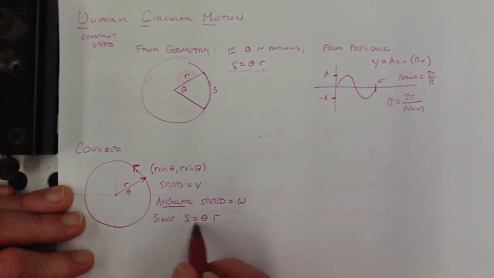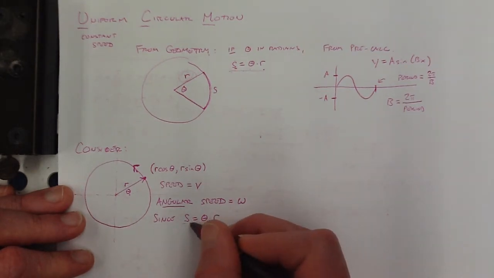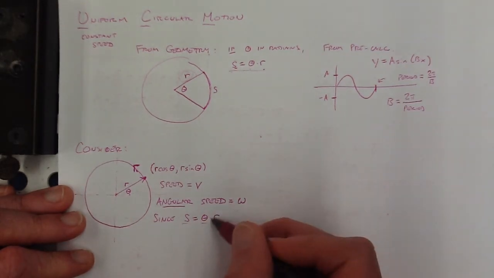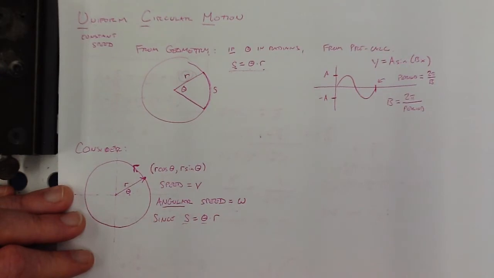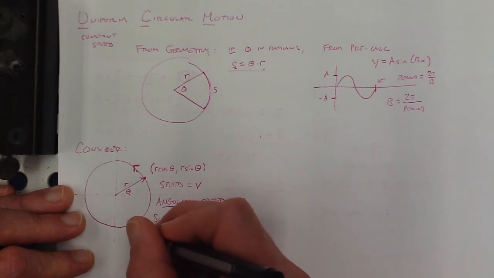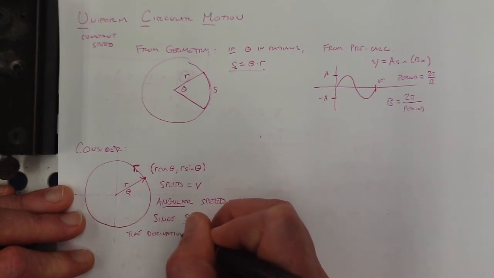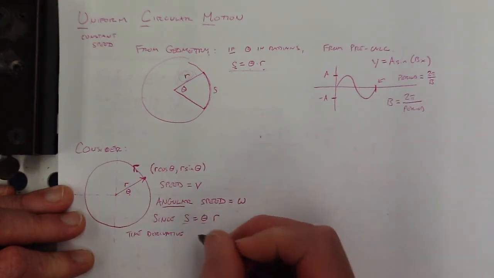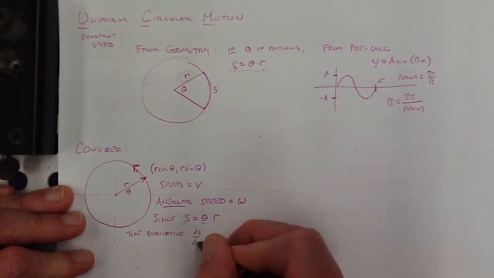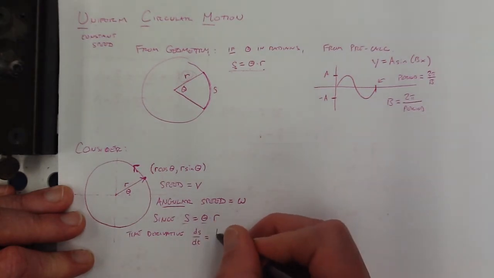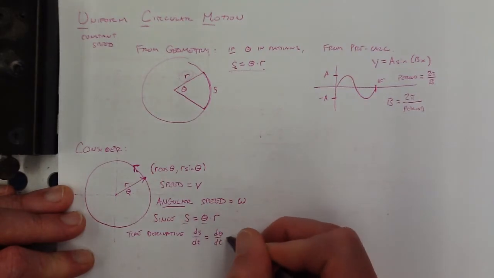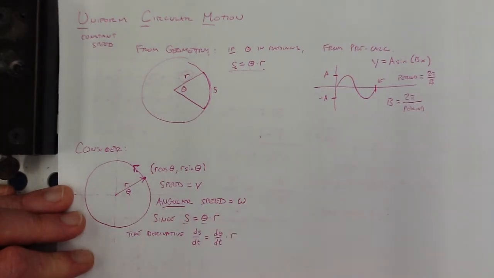if we think about the derivative of this, like a related rates kind of thing, this s and theta are changing with time. Of course, the radius of the circle is not changing. So if I took the time derivative of this, just like we did in related rates problems, then ds/dt would be equal to d theta/dt times r.